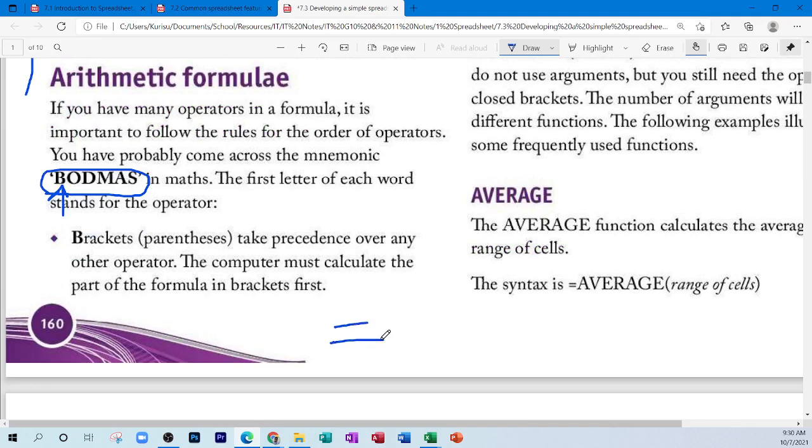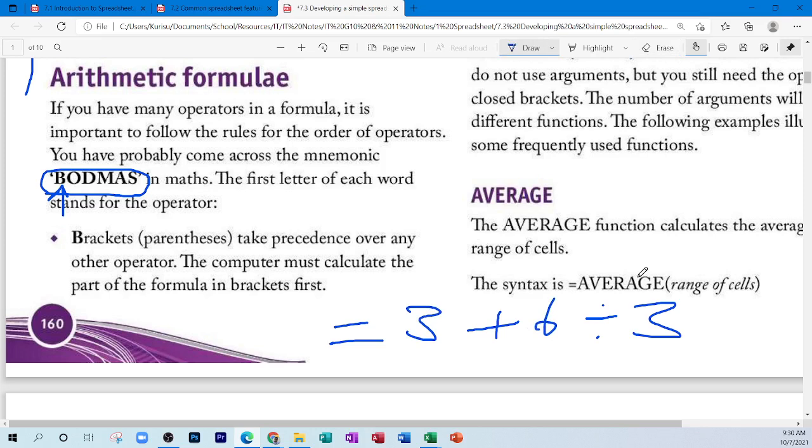So for example, when we're creating a formula, we might do equal 3 plus 6 divided by 3.